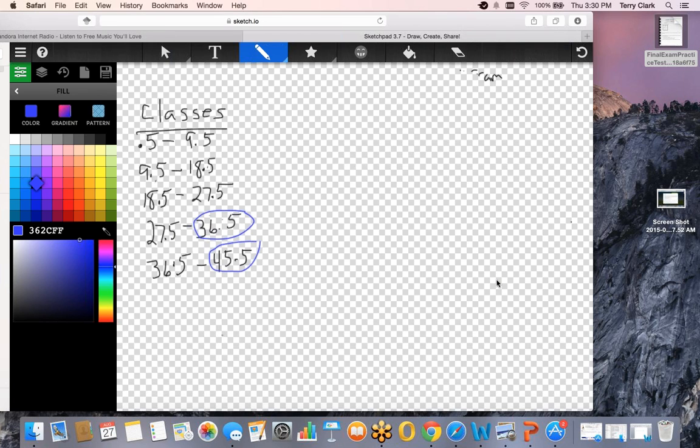So there's going to be 9 units between every lower boundary as we go up, and 9 units increase between every upper boundary as we go up. And between the lower boundary and the upper boundary for each class, there is going to be 9 units.